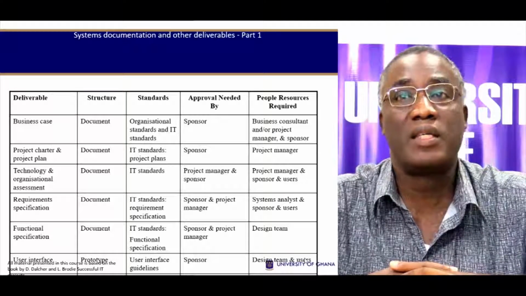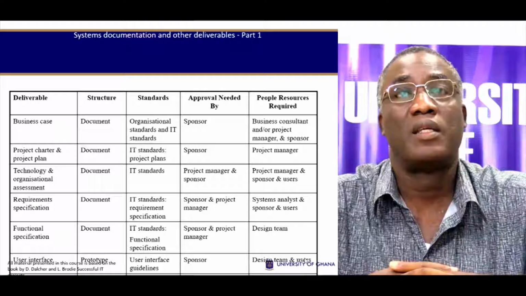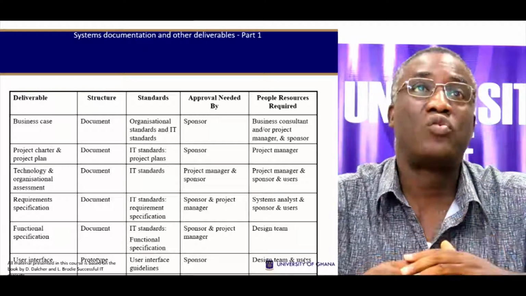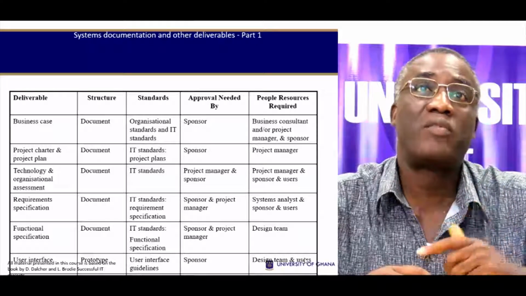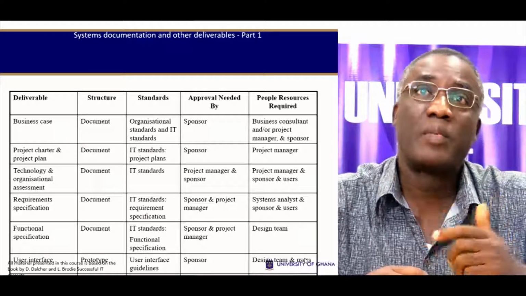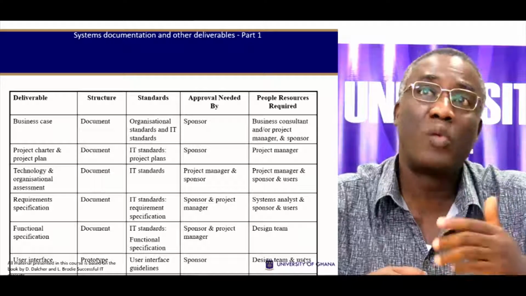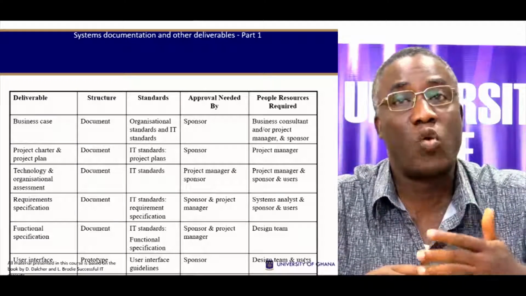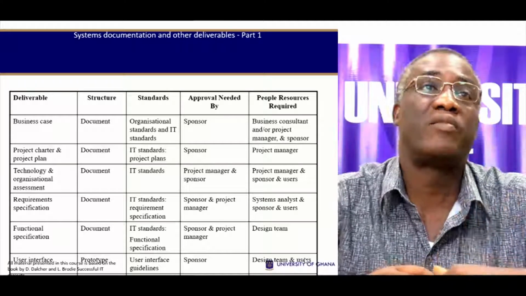And these are indicated in the table. So you have a deliverable that you need to do, the structure of that deliverable, the standards it must comply with, who needs to approve it, and the people resources required to implement that deliverable.